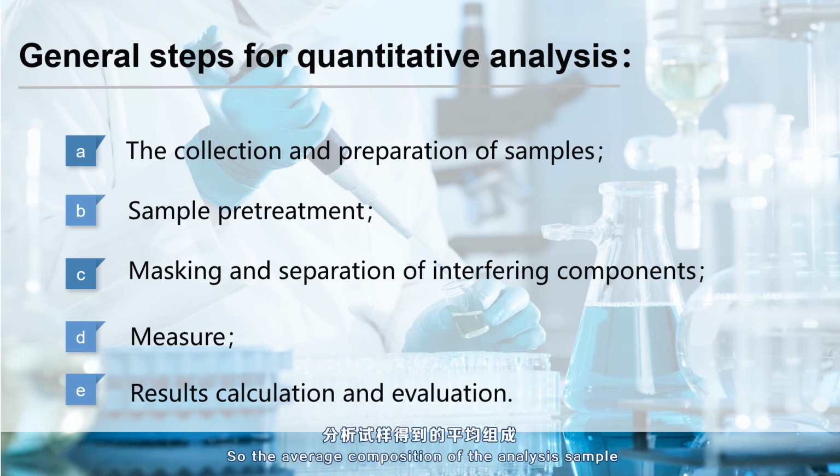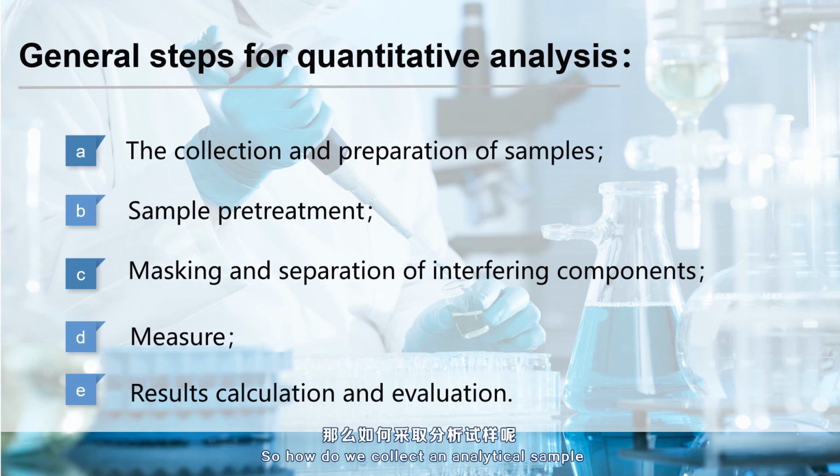So the average composition of the analysis sample must be able to represent the average composition of all the materials. Otherwise, the analysis results will be meaningless no matter how accurate they are. Therefore, it is crucial to collect and prepare the proper sample according to the specific situation before determination.